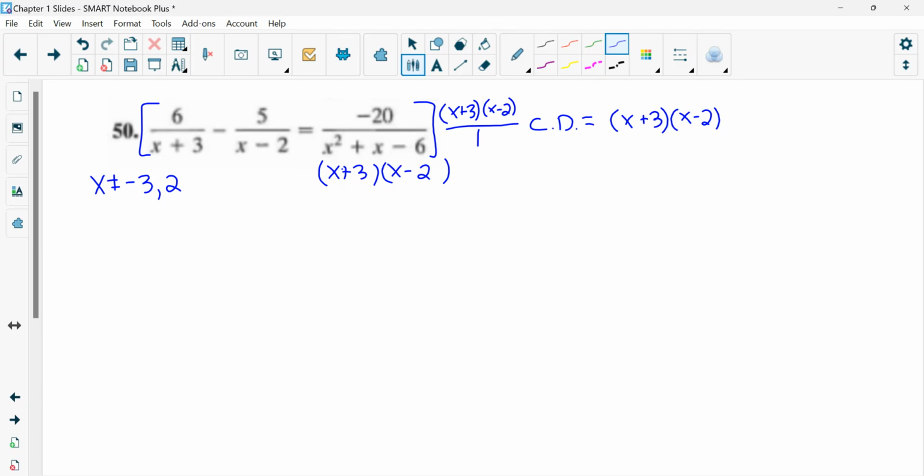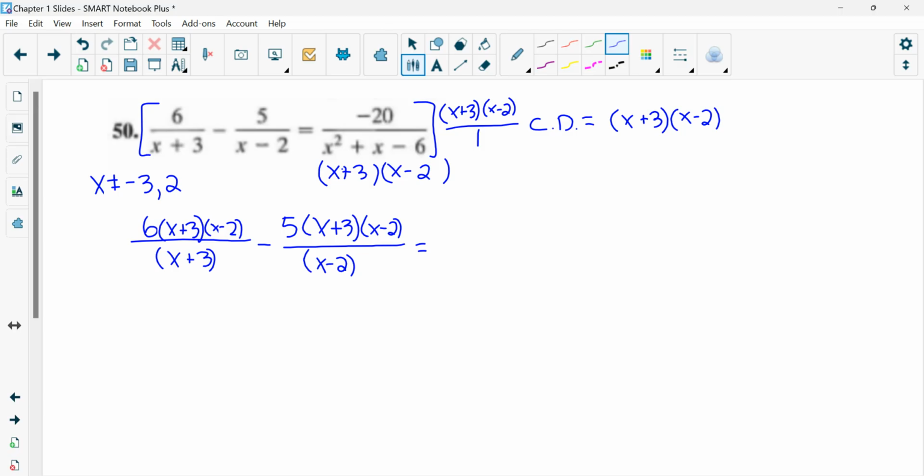And so that's going to give us x times the quantity of x plus 3 times x minus 2 over, remember, the bottoms do not change. We're keeping it as 1. So just x plus 3. On the top, we have 5 times the x plus 3 times x minus 2. Again, the bottom is not changing, so that's still x minus 2.